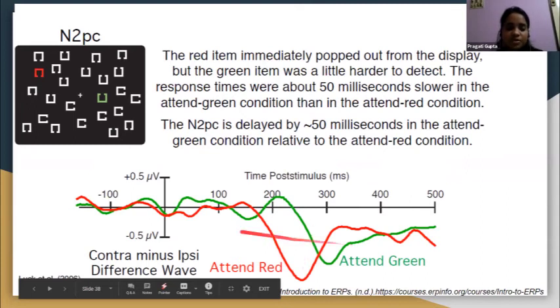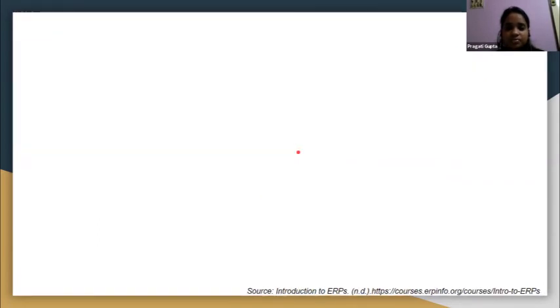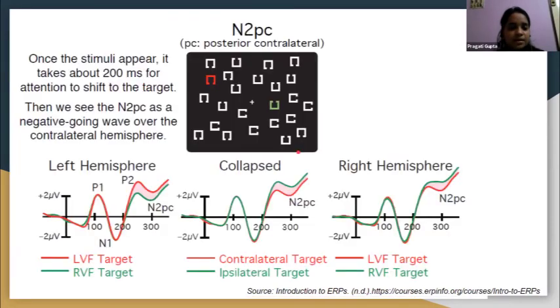So this is the contralateral minus ipsilateral difference wave. And the N2PC here is delayed by 50 milliseconds in the attention task in the green condition relative to the red condition. Similarly, once the stimulus appears, it takes about 200 milliseconds for the attention to shift to the target.